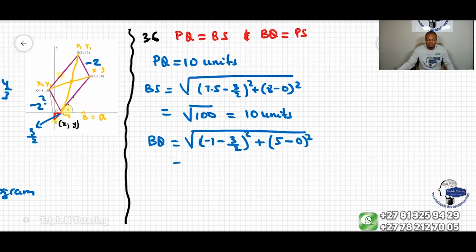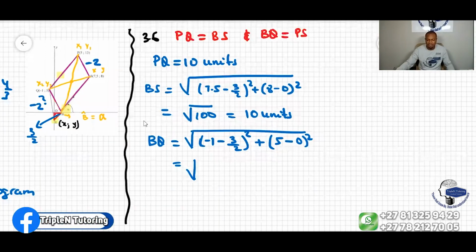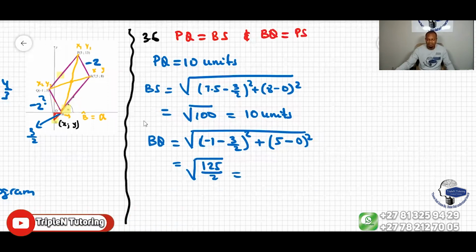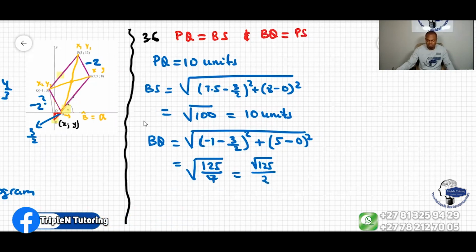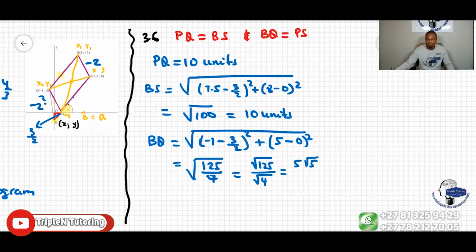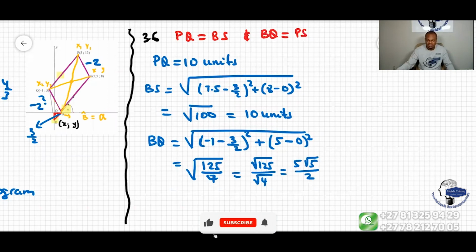Doing this in the calculator, we get 125/4, which can be written as the square root of 125 over 4, so over 2. We can break it like that, and then this is 5√5/2. That's BQ.